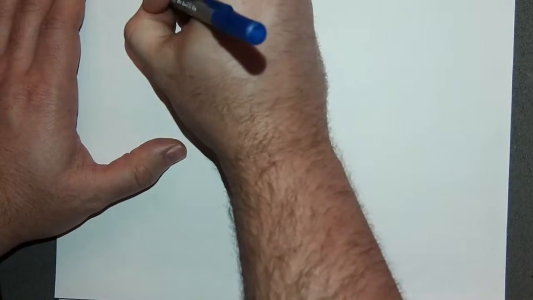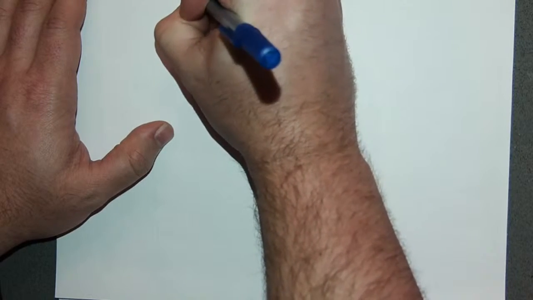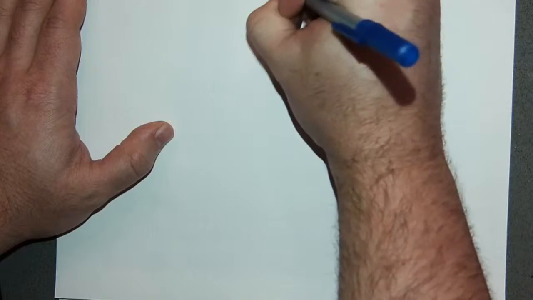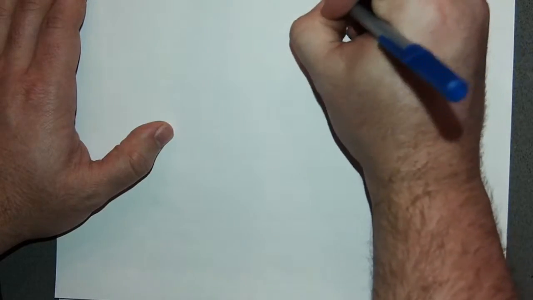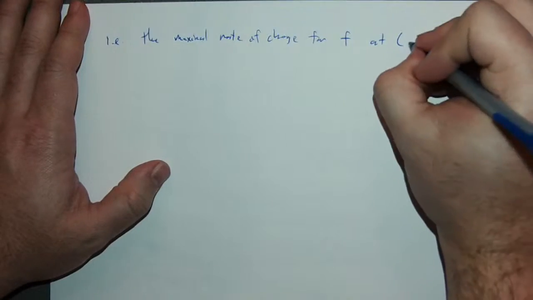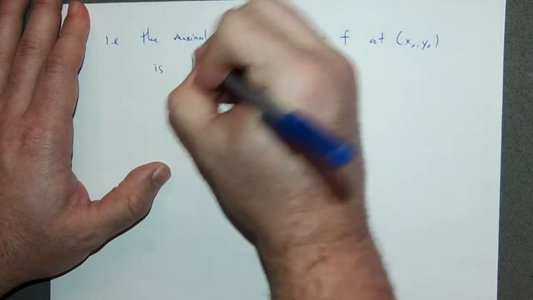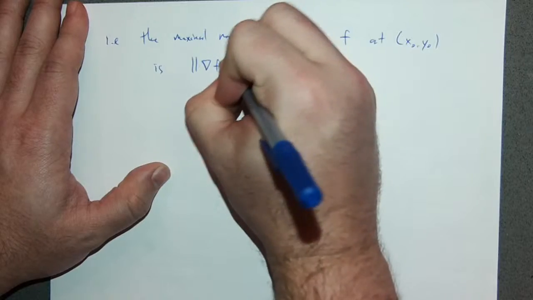I.e., the maximal rate of change for f at x naught, y naught is the length of the gradient of f at x naught, y naught.